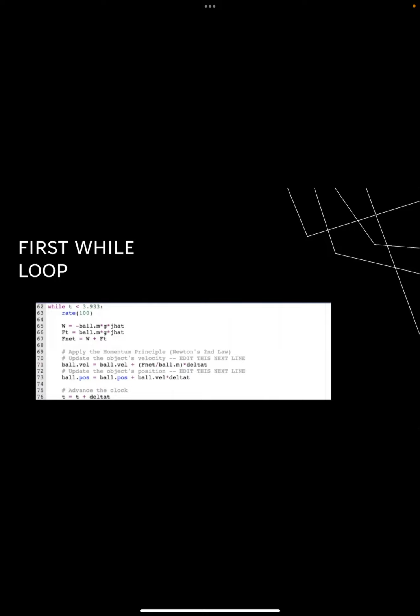The first while loop is set for when the bottom of the slinky is still stationary. I found this using the velocity and position update formulas. Because the velocity is 0, the F-net is also 0. Note that this happens while time is less than 3.933.